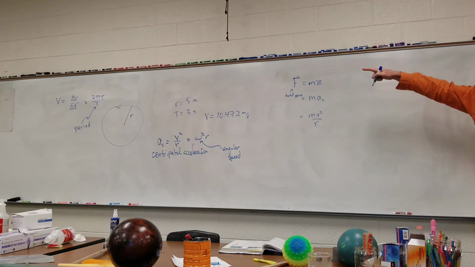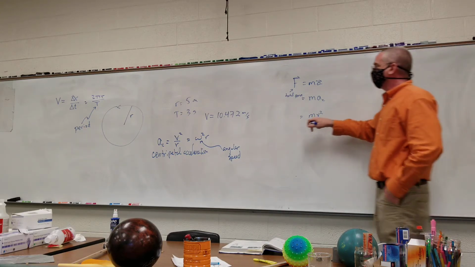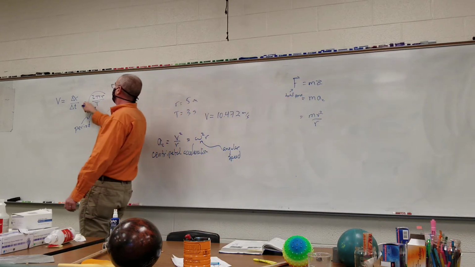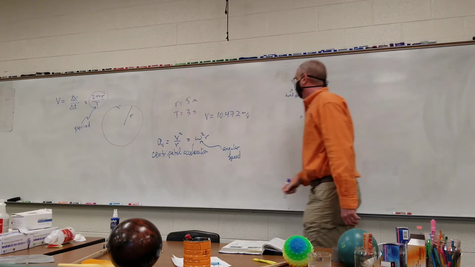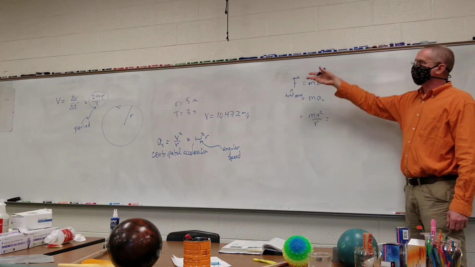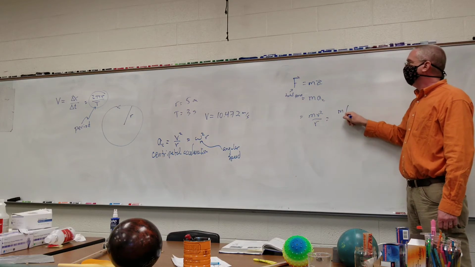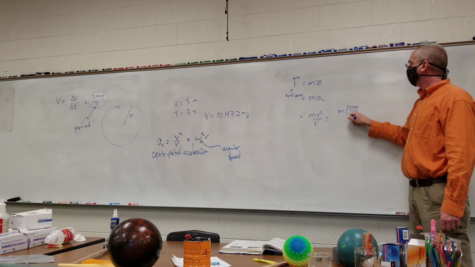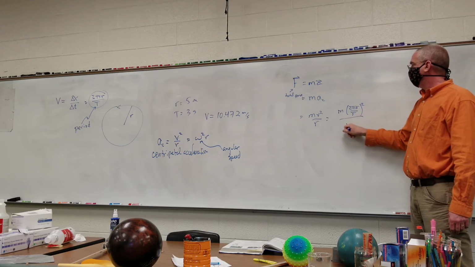And I know speed is just 2 pi r over the period, so instead of v, I'm just going to pop that in here, so I have m times (2 pi r over t) squared over r.